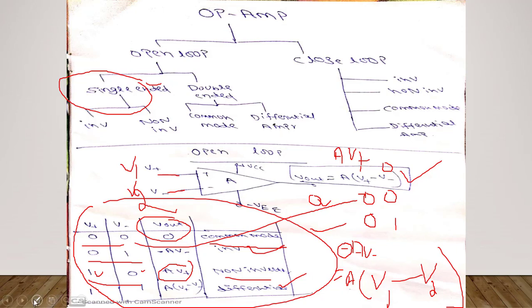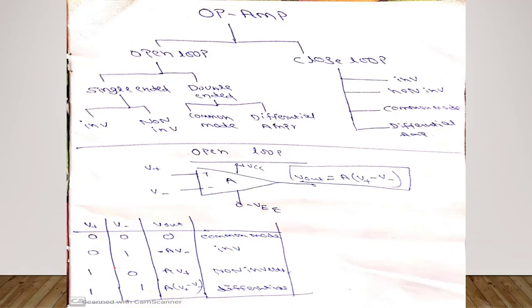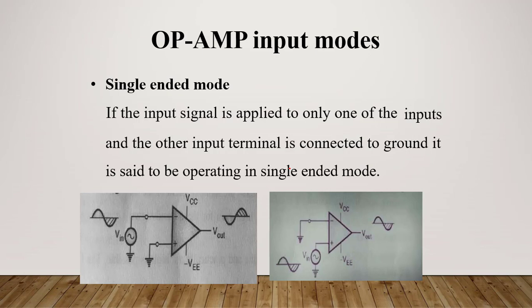Now what does closed loop mean? What is the difference in closed loop? We have to connect the circuit in such a way that it is connected to the output side. Now these are some single ended cases, already discussed. Once again check it out here. In single ended, in this case minus is V in, plus is grounded, so this portion we call an inverting amplifier.